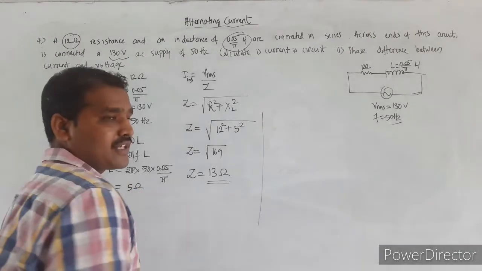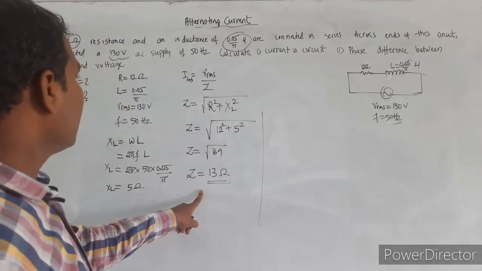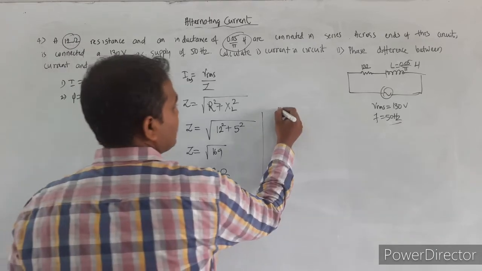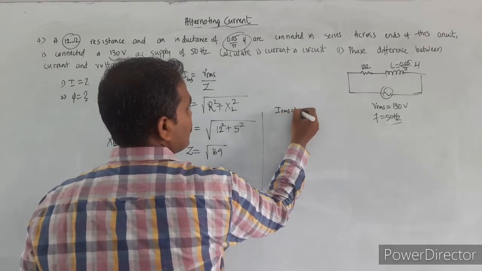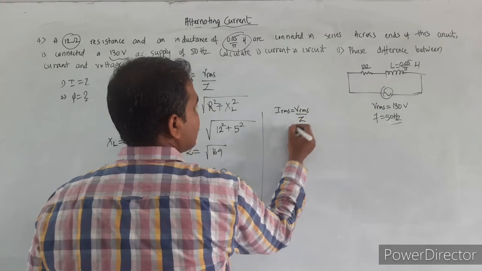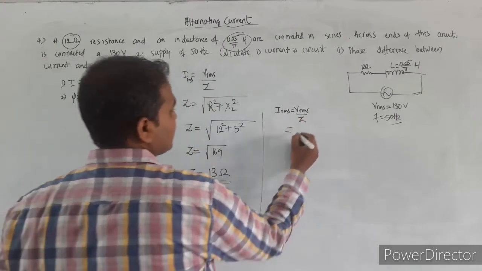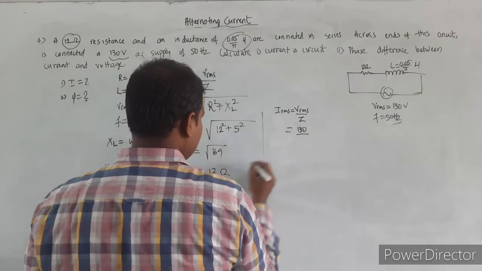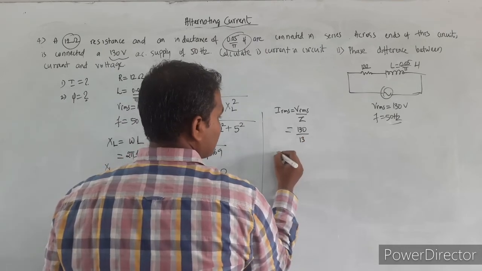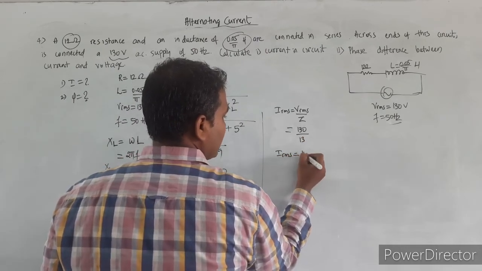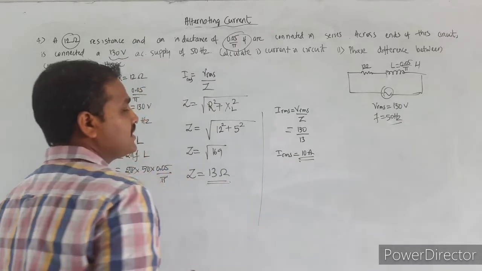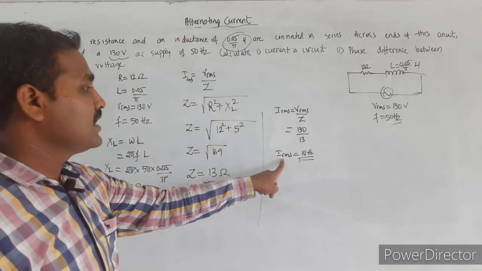And using this impedance value, we can find the value of Irms. That is Irms is equal to Vrms divided by Z. Vrms is 130 volt, so that is equal to 130 divided by 13. So Irms is equal to 10 amperes. Okay, that is the value of RMS current.